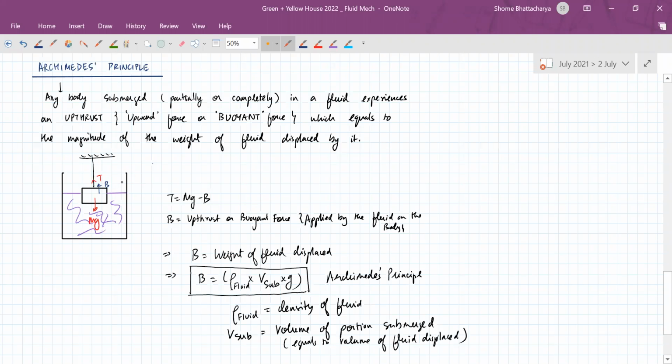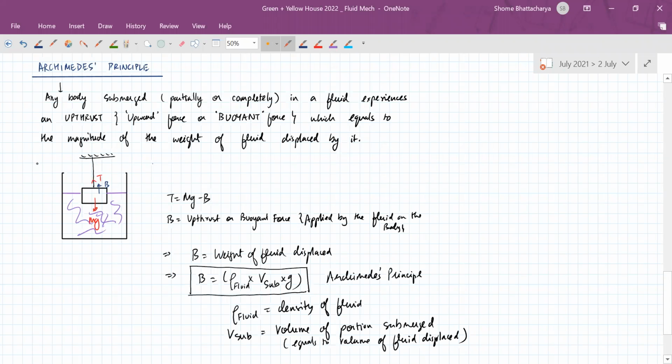Because the presence of the body displaces that much volume of fluid as the portion of its volume which is submerged inside the fluid. The mass of the fluid displaced is density of the fluid into the volume displaced. Therefore the weight of fluid displaced becomes mass into gravity, or density of fluid multiplied by the volume of the submerged part multiplied by g.